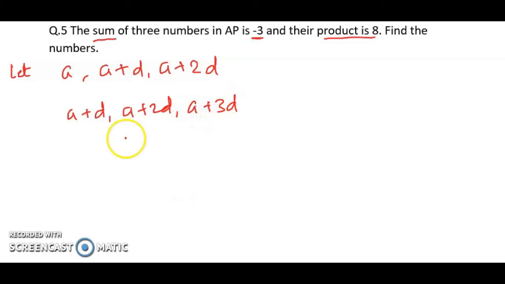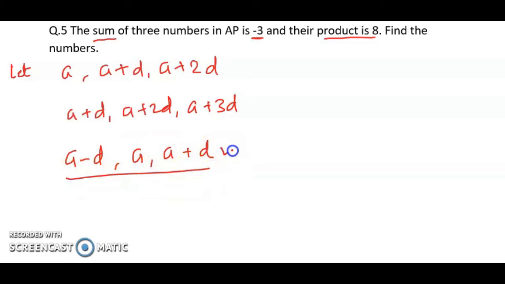But the best method to assume three numbers is: assume first number a minus d, second a, and third a plus d. Because if you assume this number, now see this question here, sum of three numbers is minus 3.